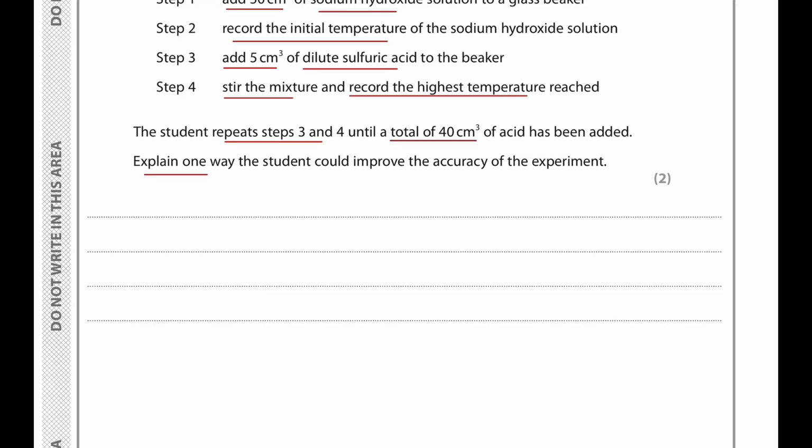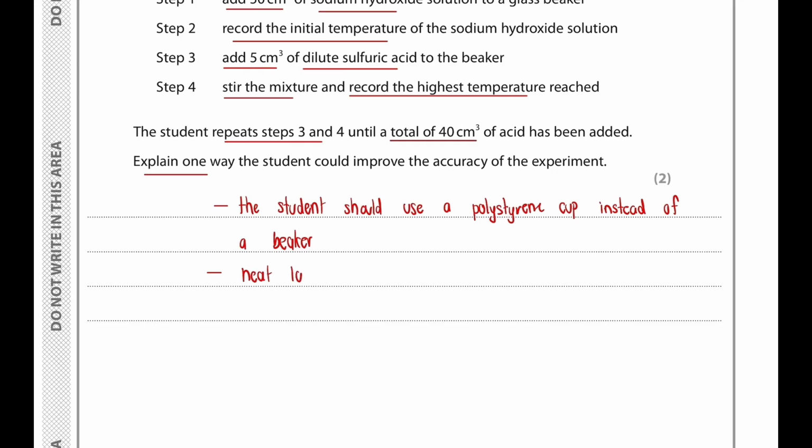Okay, so the student should use a polystyrene cup instead of a beaker, because heat loss will be less.